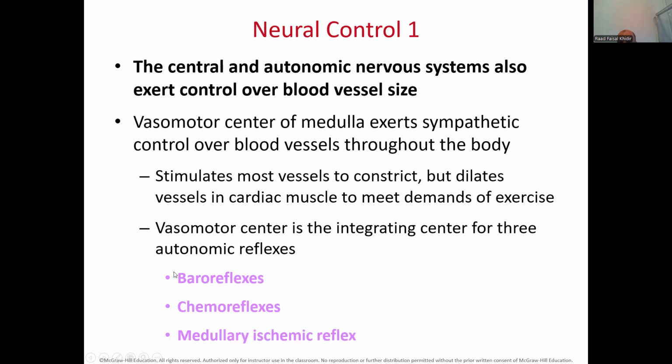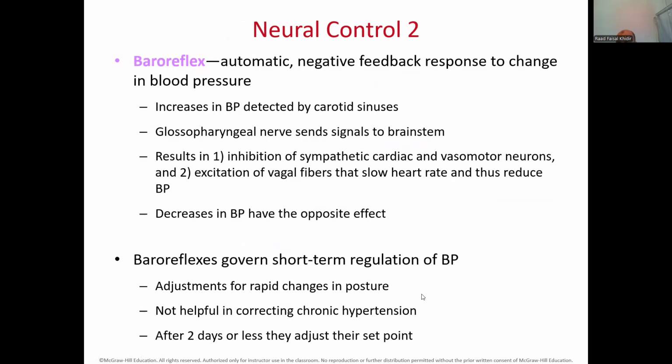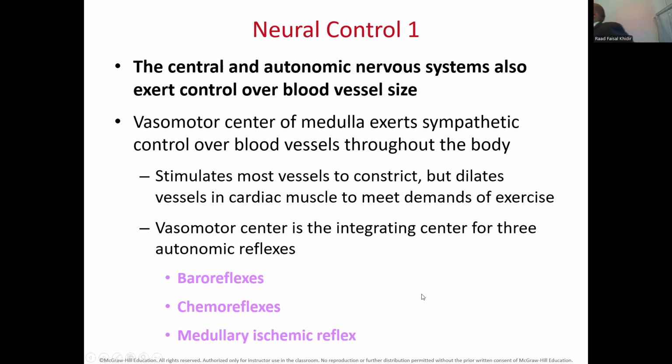We were discussing that there are three ways by which your nervous system regulates blood pressure and blood flow. The first way is your baroreflex. The second way is the chemoreflex. The last way is the medullary ischemic reflex, and that's preserved in the brain itself.